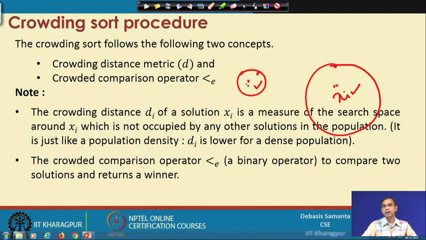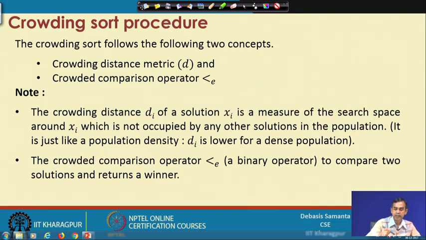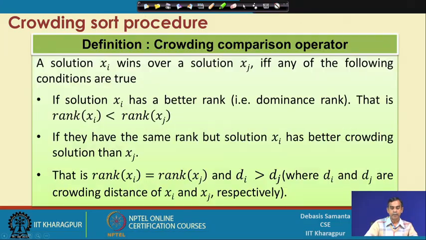On the other hand, if the crowding distance is small, the solution belongs to a highly populated region. So the crowding distance tells whether a solution is in a crowded region, and if both are in crowded regions, which one is in a more heavily crowded region than the other. And the crowding operator compares two solutions as far as their crowding distance is concerned. We will discuss these two things here.